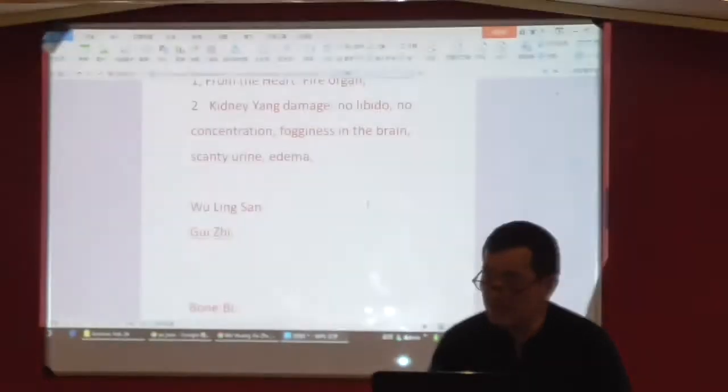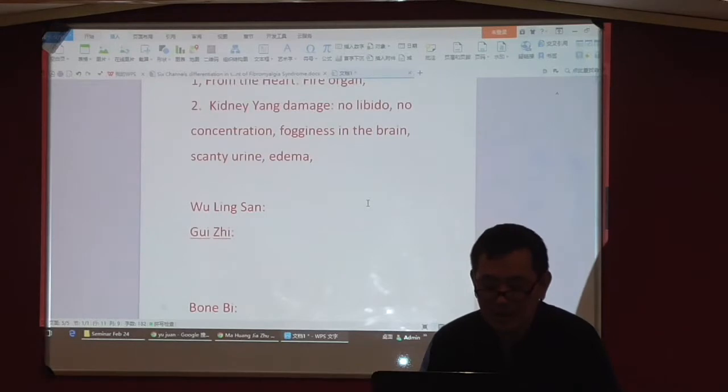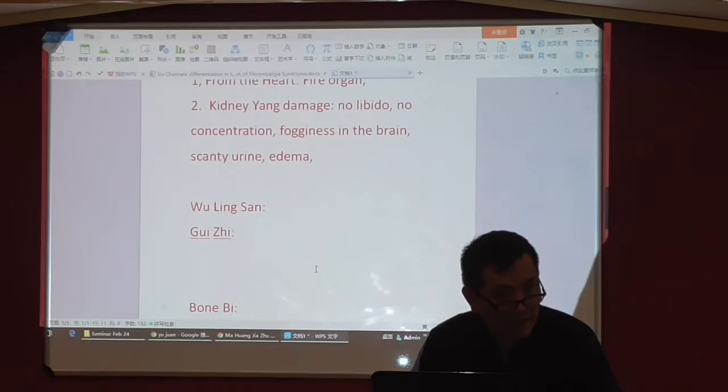It means that the pathogen is going deeper and deeper. Finally, they have a kind of rheumatoid arthritis.